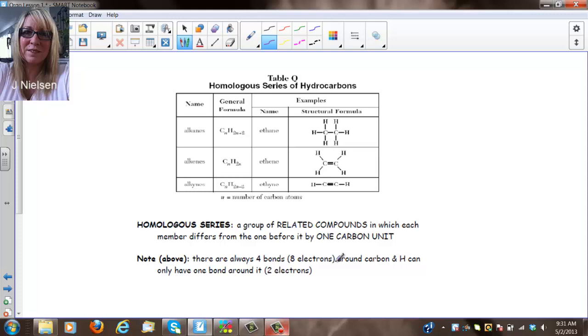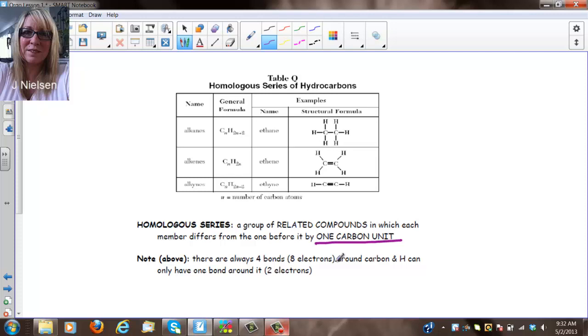And these are all related to each other. Their members differ from one to another by 1 carbon unit. That's it. And there are always 4 bonds, 8 electrons around each carbon and hydrogen. Okay? Hydrogen gets 2 electrons, each carbon gets 4.